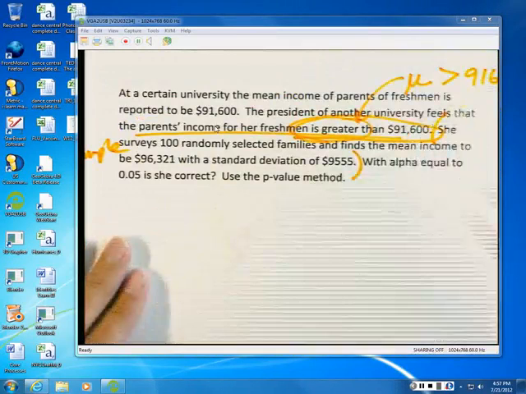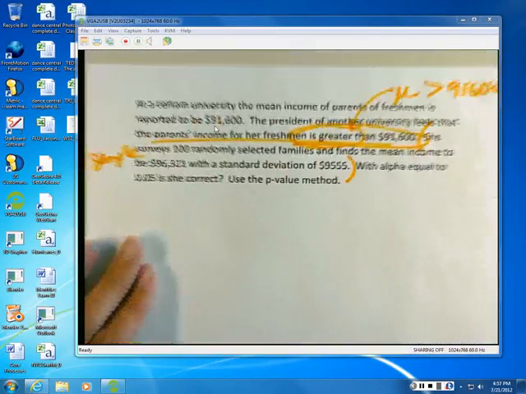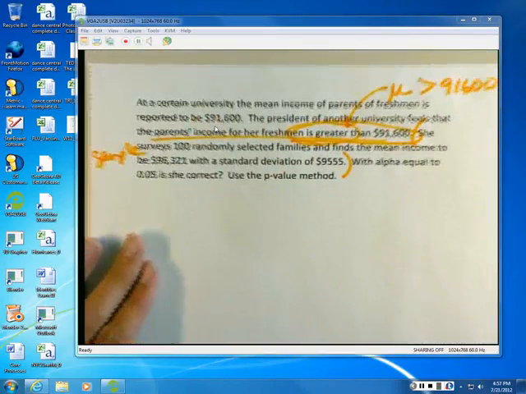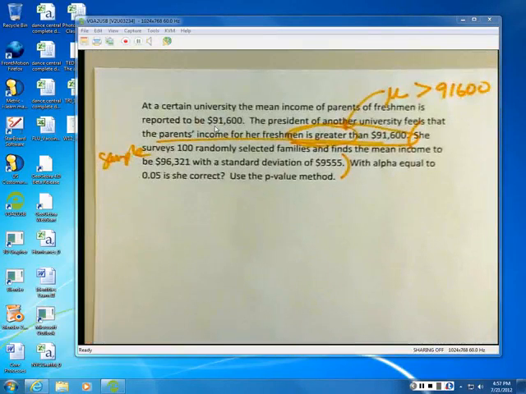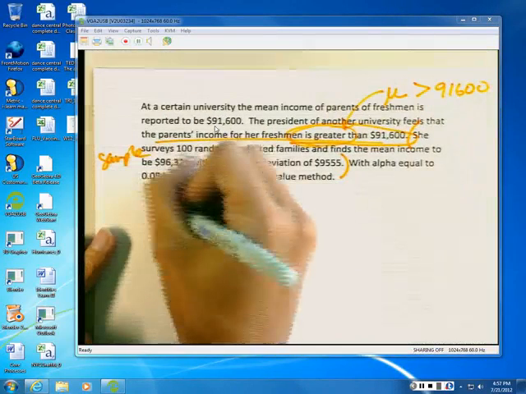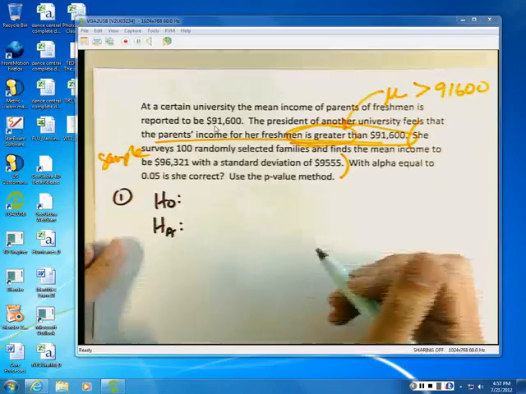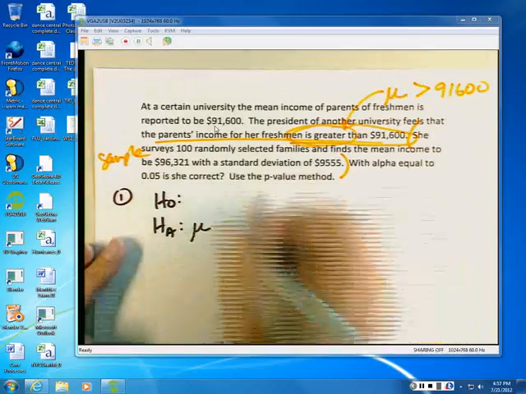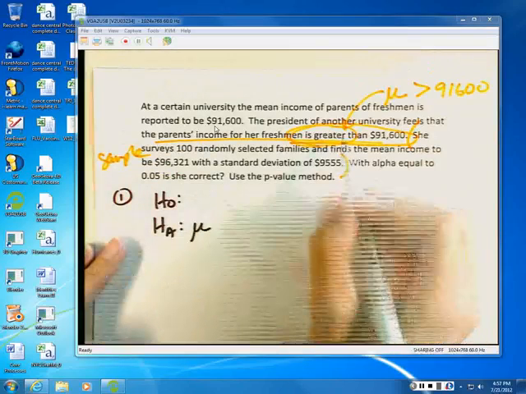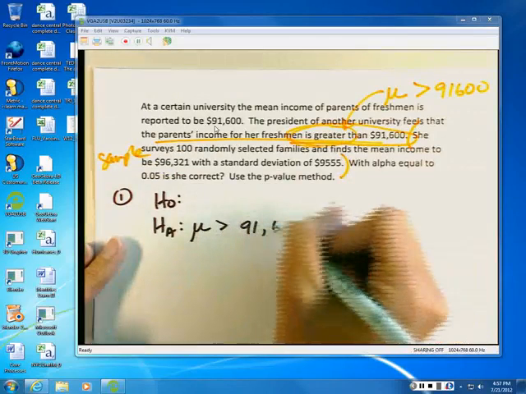Do you know which one this falls into? There's no equals there. So that means that one falls into an alternative hypothesis. So as I put my hypotheses together, first step, my hypotheses are the one that's in the statement here, greater than 91,600.